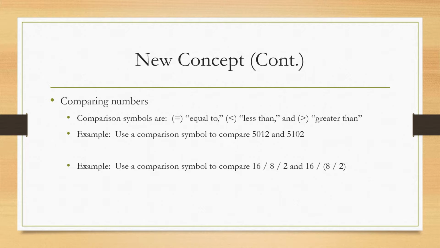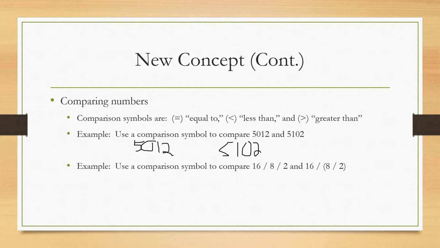So first, if we write these two numbers, 5,012 and then 5,102, remember that the closer a positive number is to 0, and both of these numbers are positive, the smaller the number. So we start looking at the place values of the number, and we always start with the biggest place value.